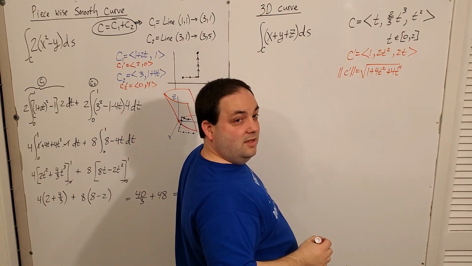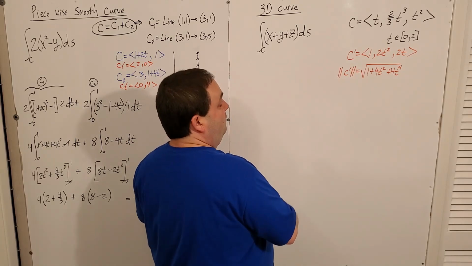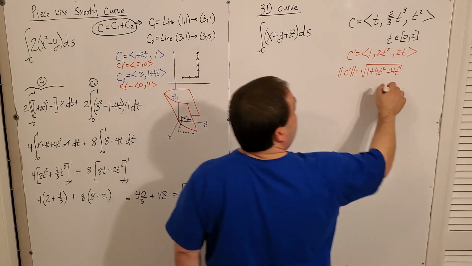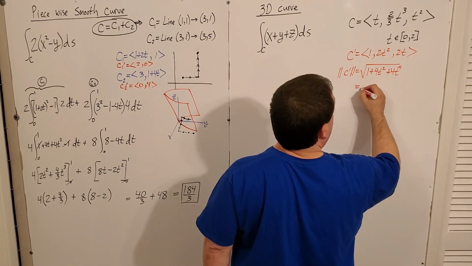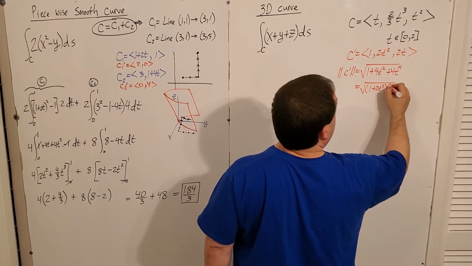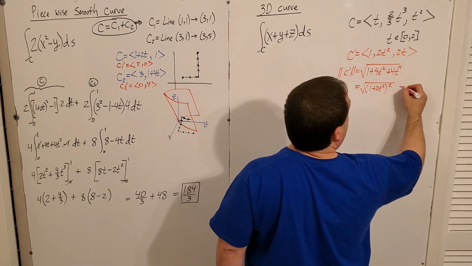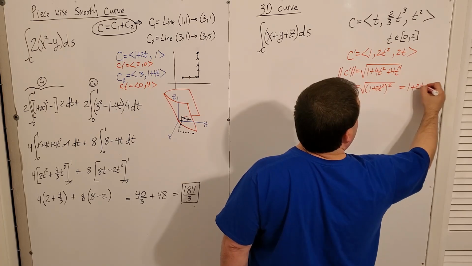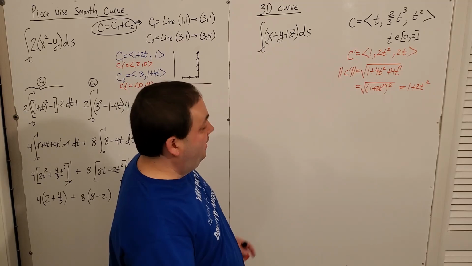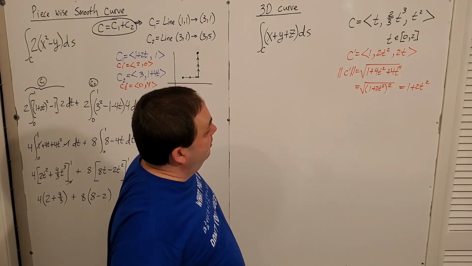Because you've seen this curve before. We've talked about that curve in space before. This is the square root of 1 plus 2t squared, squared. So I'm getting 1 plus 2t squared, quantity, for my magnitude or my length, my arc length there.